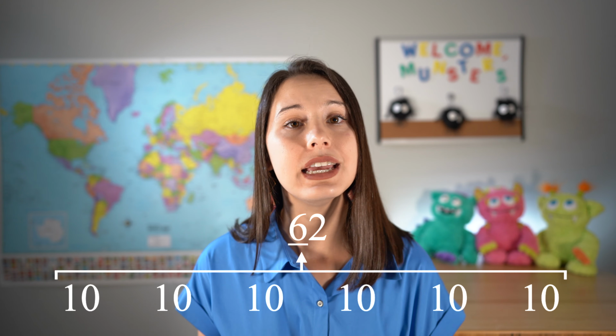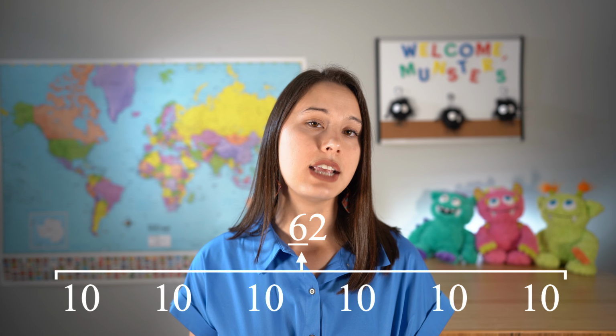We have the number 62. When I look at the number 62, what's the value of the 6? Well, looking at my place value, that means that I have 6 in my tens place. And so I have 6 tens.